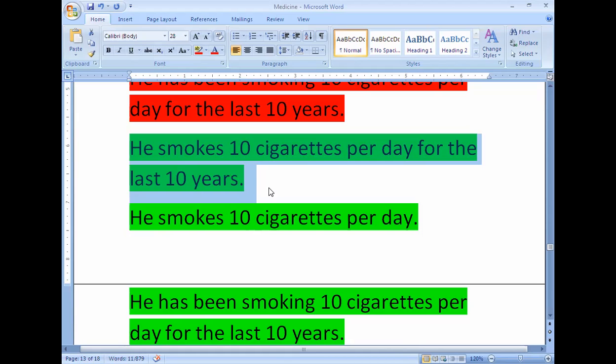You mean he smoked? If you want to put everything in the past, he smoked maybe 10 cigarettes per day ten years ago.